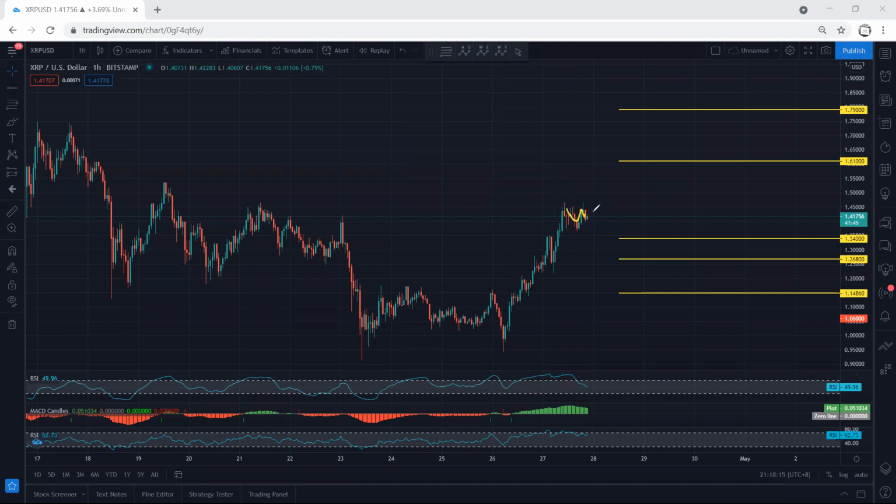But if we get any sharp move with a flag, this is where we need to see whether we need to look for the up move or not. It doesn't mean the price has to continue from here. Technically, we're looking for that, but anytime it can change, because even in my last analysis we mentioned this one tends to be a correction.